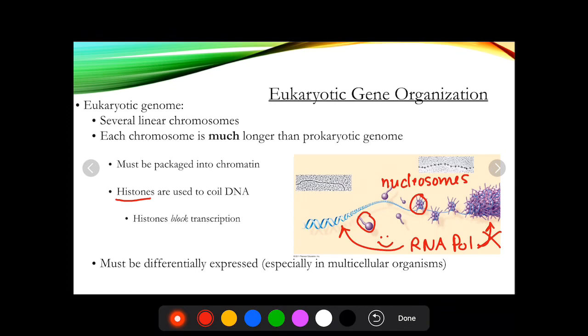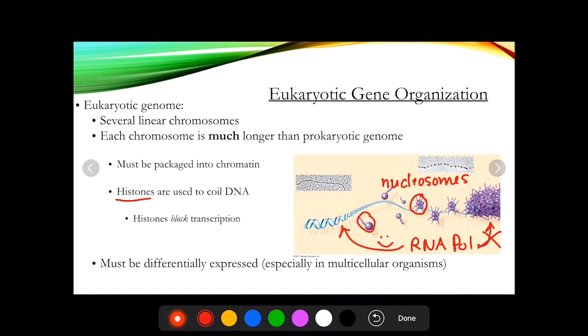Okay. Another fact that you need to understand is that different cells are going to be differentially expressed. What that is saying is basically that some genes are going to be turned off in some cells and some genes are going to be turned on. Example here, if you are a neuron, do you need to make the same enzymes as a liver cell?